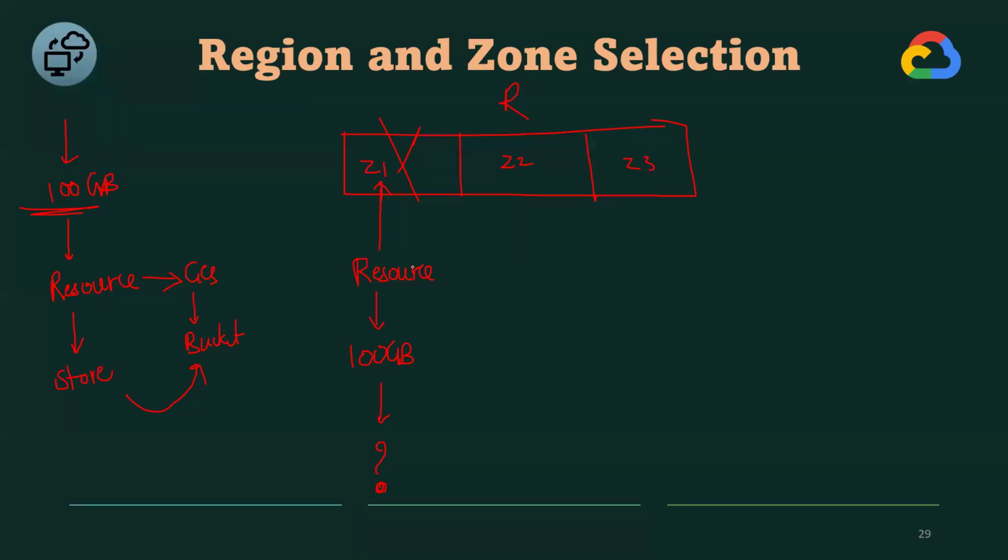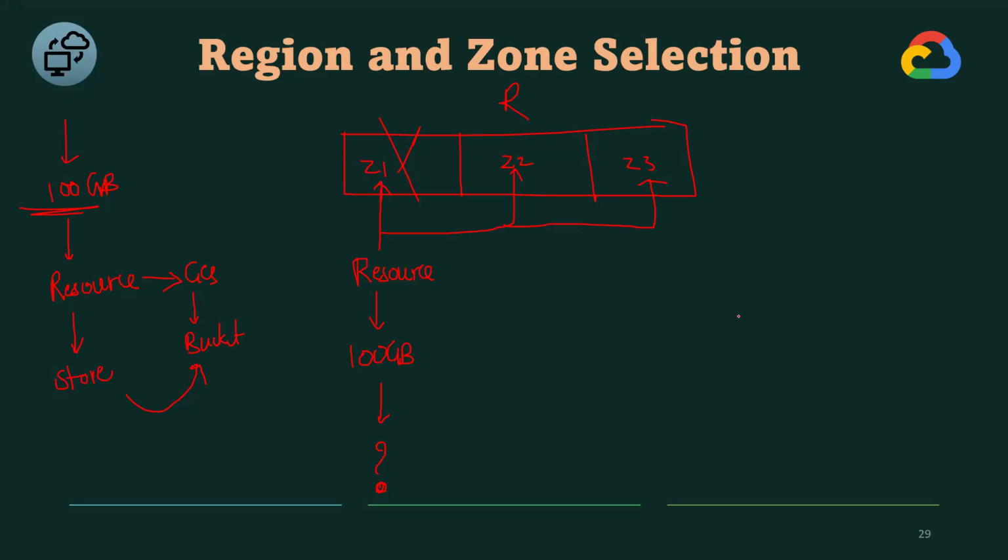Whenever you are creating any resource, whether you are storing data, deploying something, doing some kind of data processing, or some kind of application deployment, anything, if you select one single zone and that zone is crashed, you are going to lose your entire data. So instead of selecting one single zone, try to select multiple zones.